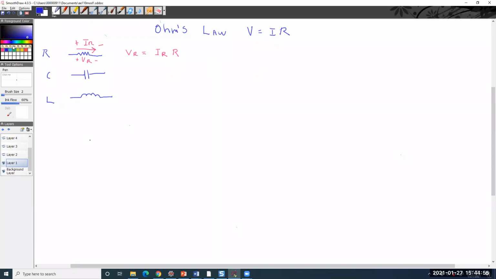So if I drew it like this, the current is in that direction, that's IR. VR would be positive to negative, right? If I did it at an angle, positive to negative.